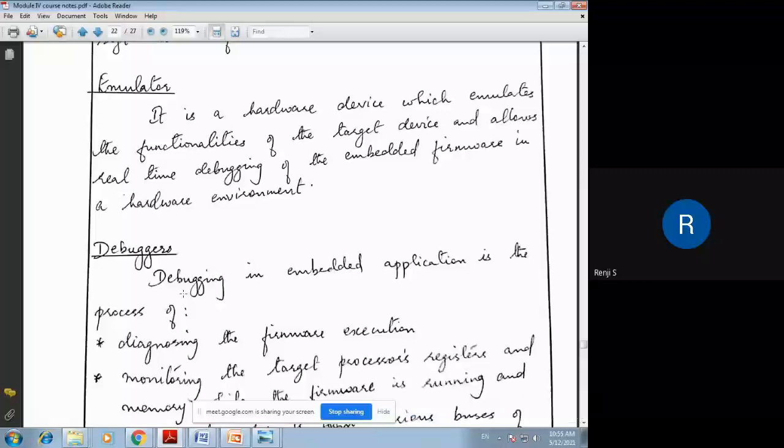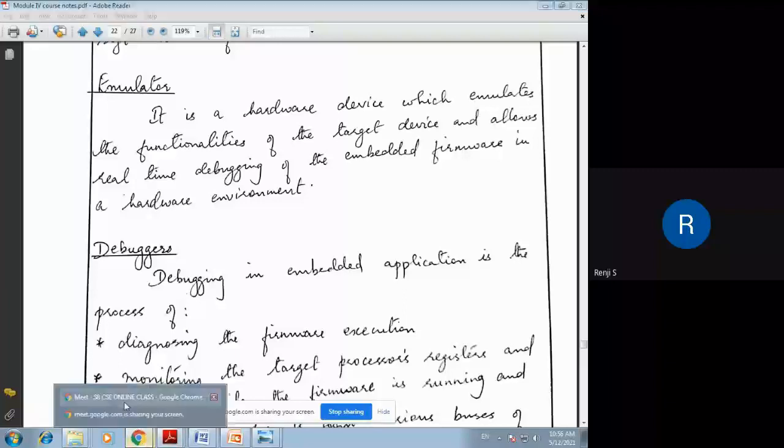So we said two main differences between emulator and simulator. A simulator is a software tool used for debugging, whereas an emulator is a hardware tool. Another difference is that simulators do not allow real time debugging, whereas emulators allow real time debugging of the embedded firmware.